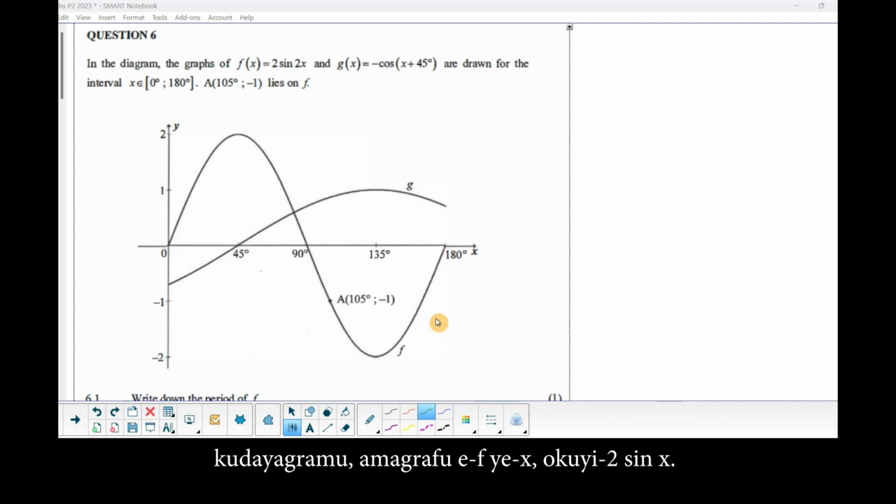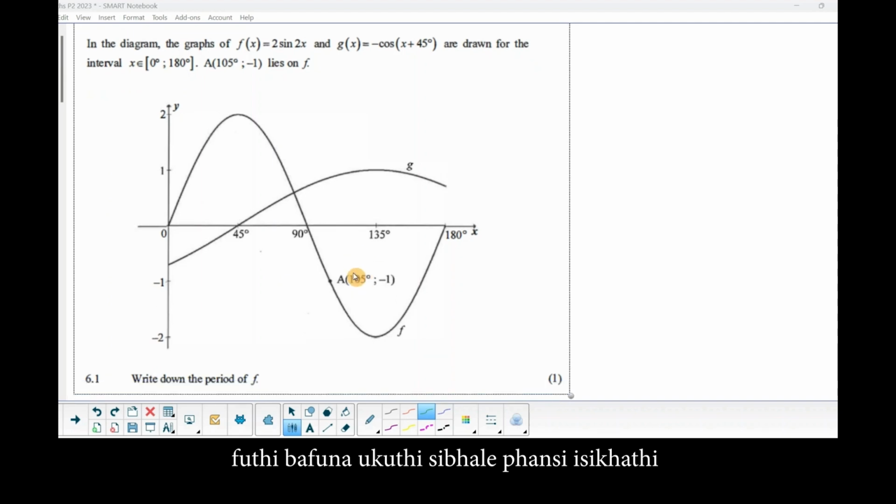Question 6. In the diagram, the graphs of f of x, which is 2 sine x, so that's this graph here, and g of x, which is negative cos of (x plus 45), is that graph there, are drawn for the interval 0 to 180. Point A is (105 degrees, negative 1), and they want us to write down the period of f.